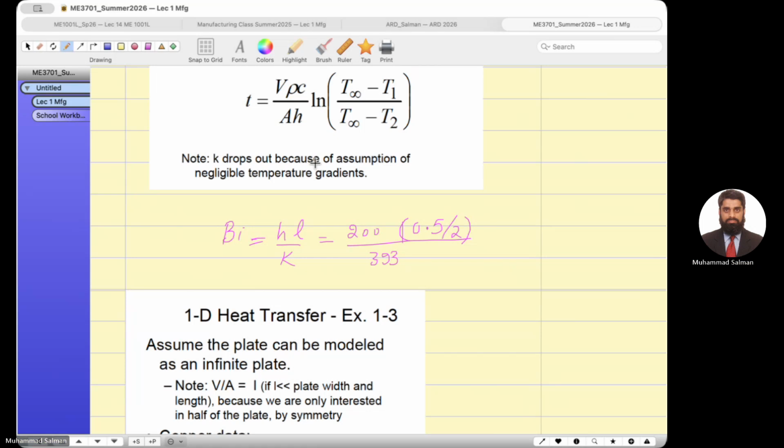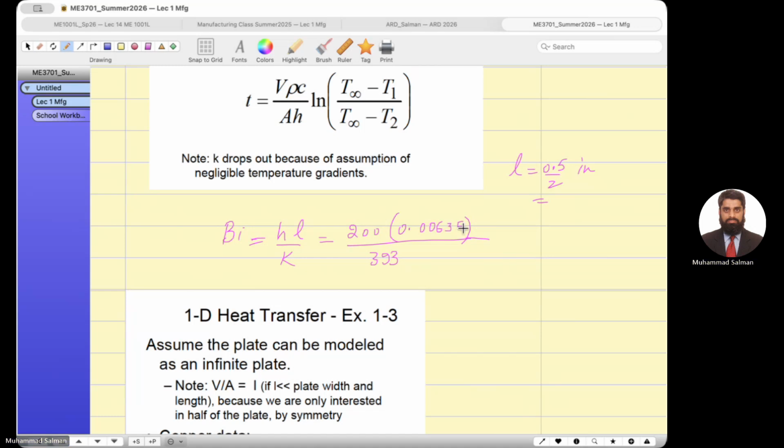Agreed? So let me write down L equals 0.5 divided by 2 in inches. Can you convert it into meters and write that value down here? It's not in inches. This is the little catch, which is a trap for some engineers. Do you get this answer?